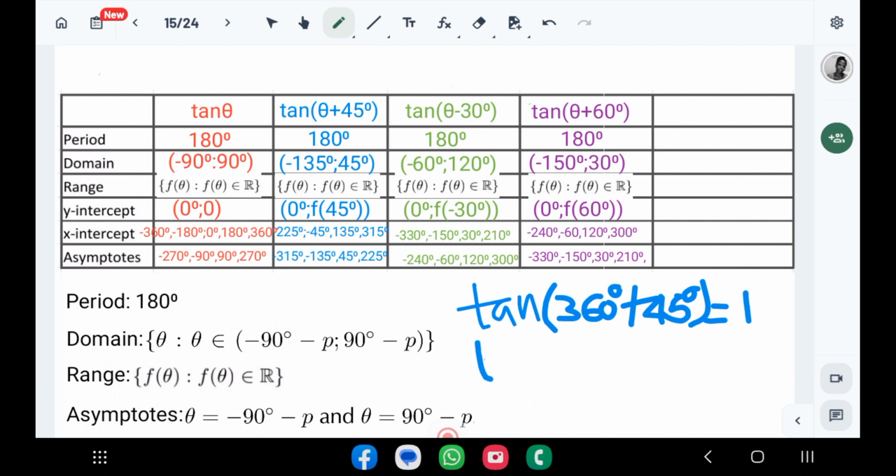Then on the other side, tan of (negative 360 plus 45). That is also equal to 1. So we've got 1 on each one.